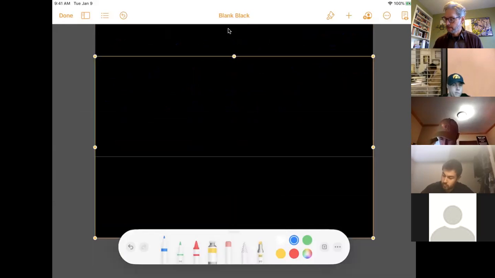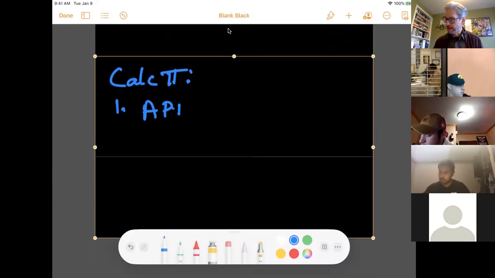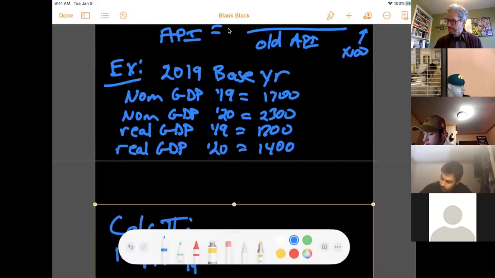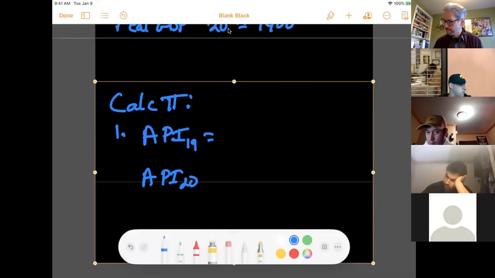Sorry about that. So now how do we calculate inflation? Step one, we calculate the aggregate price index for each year. Remember what the aggregate price index is. It's nominal GDP divided by real GDP times 100. In the base year, this is pretty easy because nominal and real are the same thing.